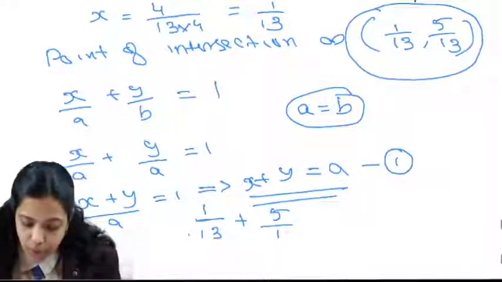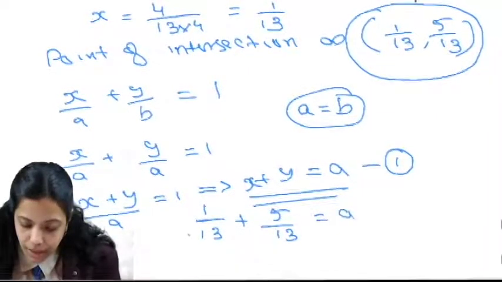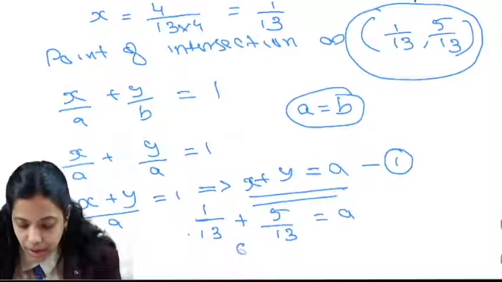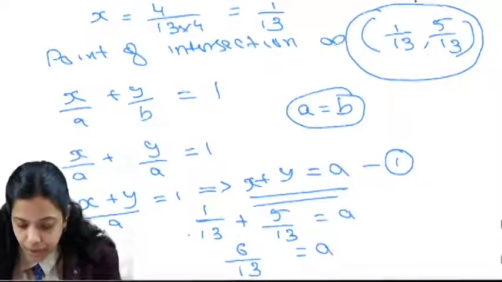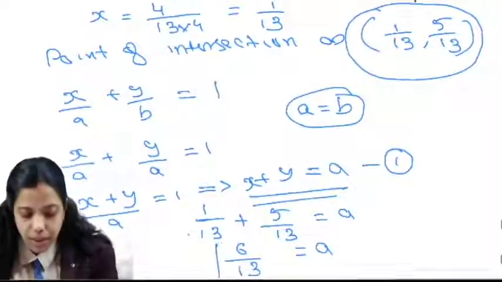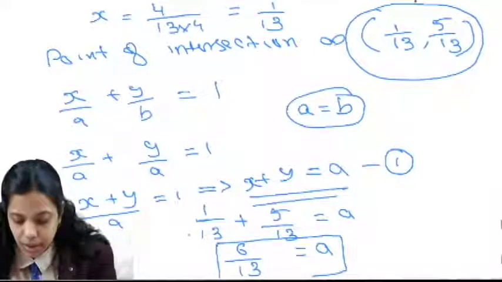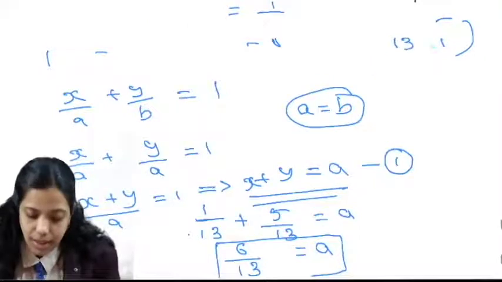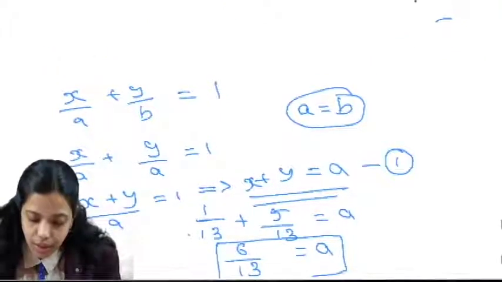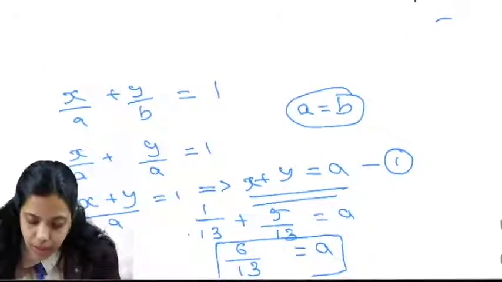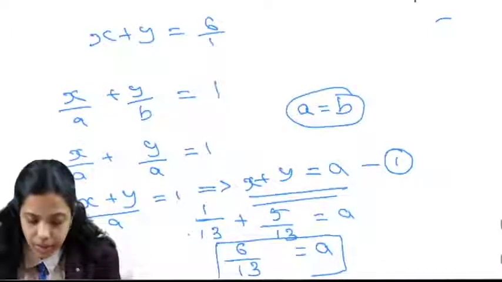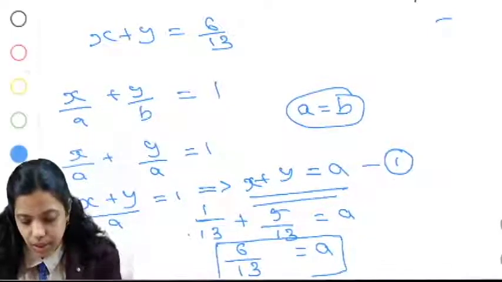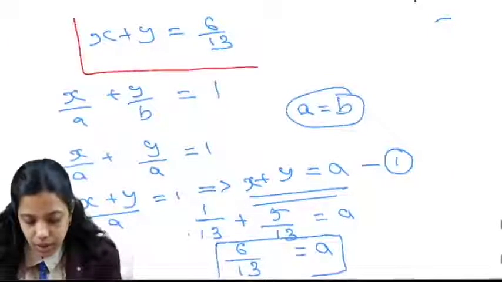Substituting, 1 by 13 plus 5 by 13 gives a, that means 6 by 13 is equal to a. So we got the value of a as 6 by 13. Now here comes the answer for you: the equation of the line is x plus y equals 6 by 13.